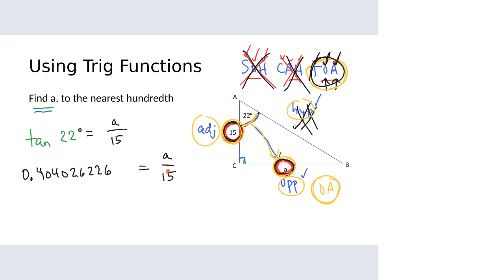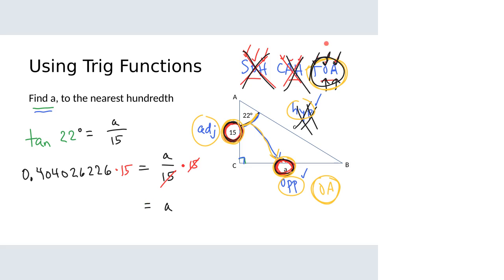I'm trying to find out what A is, so I'm trying to get A by itself. What I have right now is A divided by 15. So to make that divided by go away, I need to multiply by 15 on both sides. When I do that, the 15s are going to cancel, and I'm going to be left with A is equal to that really long decimal that's sitting on my calculator multiplied by 15.